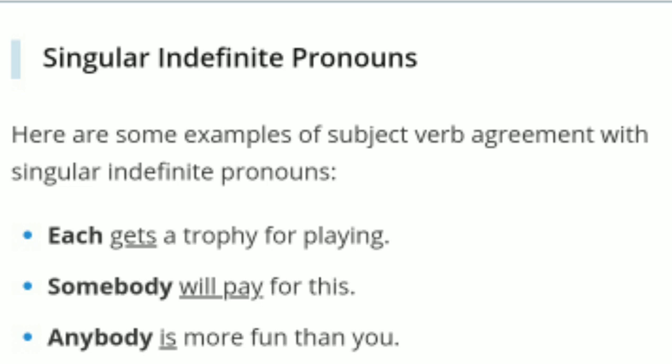In the second example, somebody will pay for this. The word somebody relates to only one person, because the complement is only for this, which means it's only for one object. For the third example, anybody is more fun than you. The word anybody relates to one person.